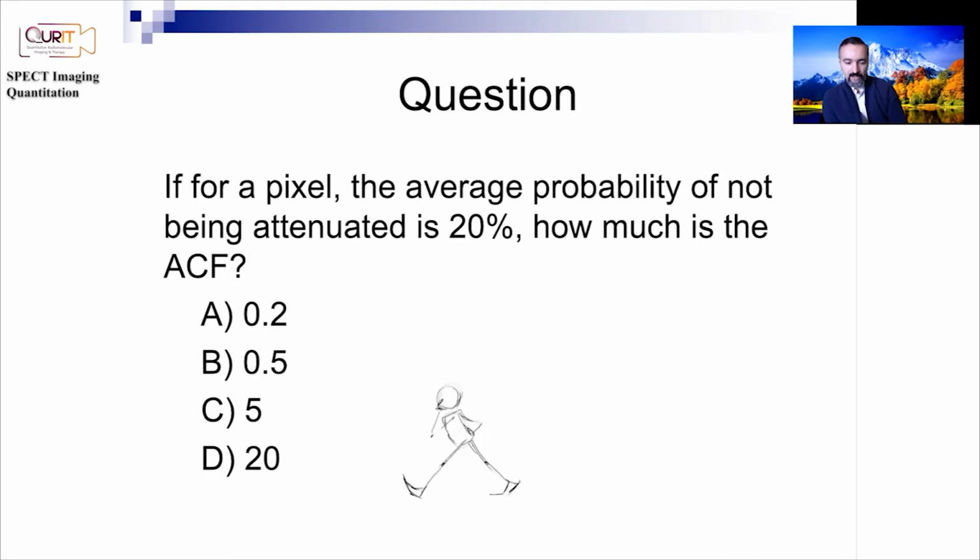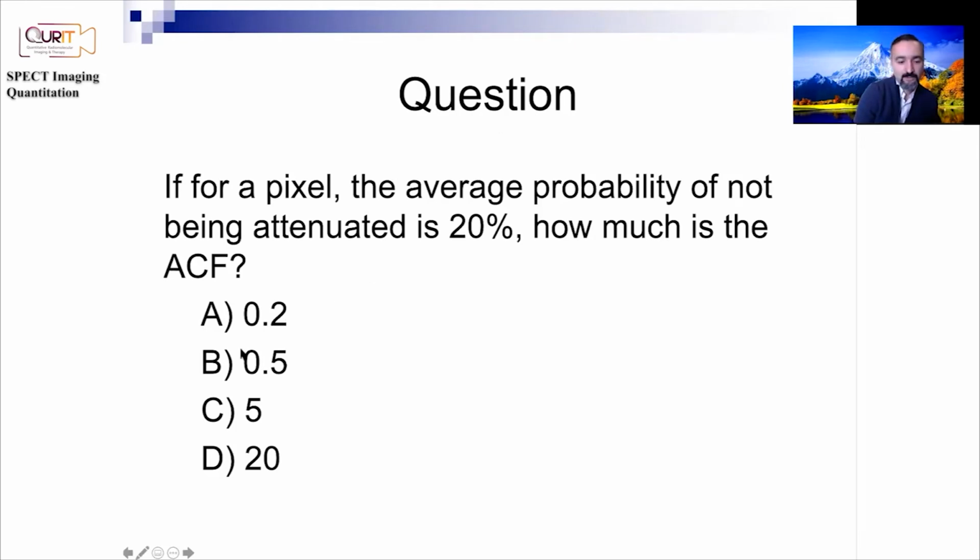Yeah, so answers are coming in. And a hint here is that the number obviously has to be more than 1, because the attenuation correction factor is a number you multiply by. That number has to be more than 1 because you're losing events to attenuation. So you should be boosting up the activity, multiplying it by a certain number.